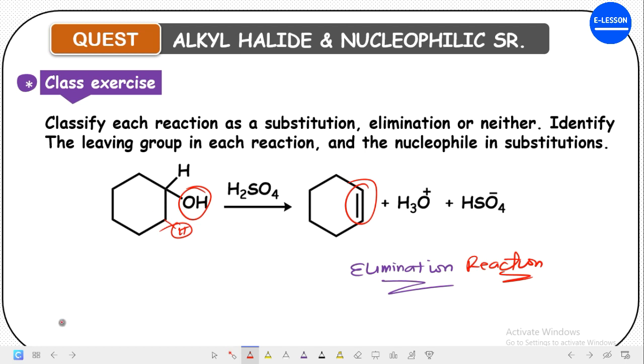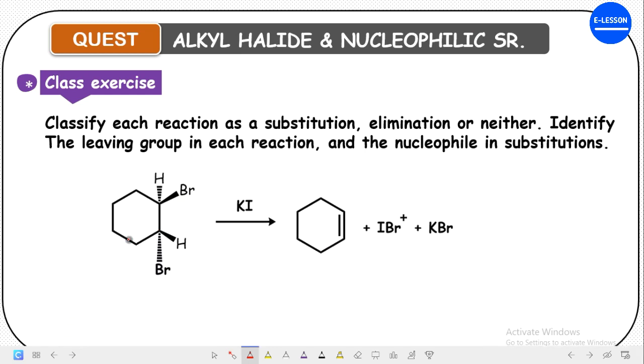Now let's look at the next. Classify each of the following with the same question: is it elimination or not? Now if you look at this reaction very well, you agree with me that it is not looking like elimination, but at the same time it's looking like an elimination reaction. But we can't actually say it's elimination. Do you know why? Because we have this bromine group here and this bromine group. There are two bromine groups there.